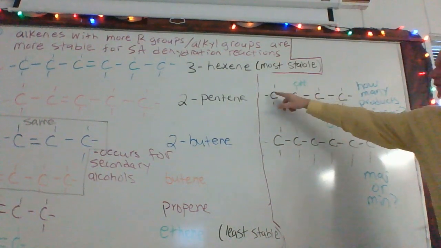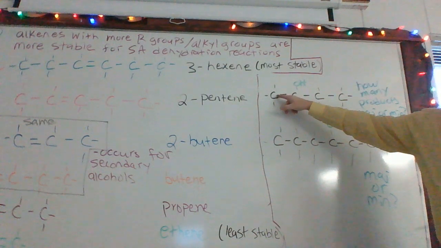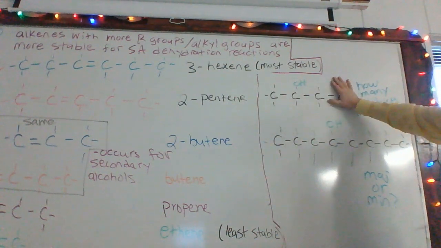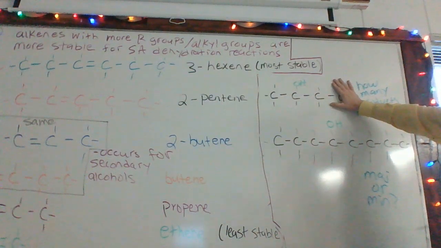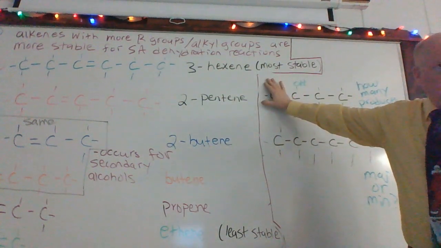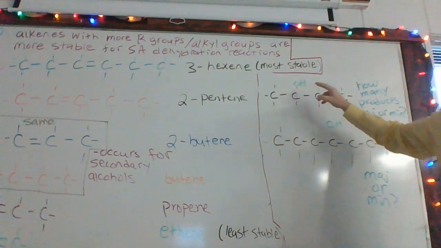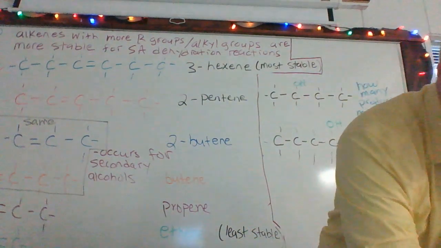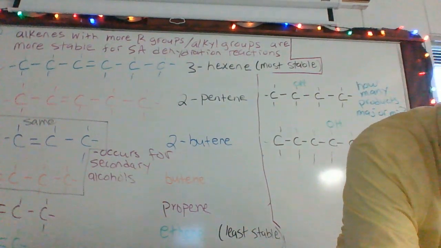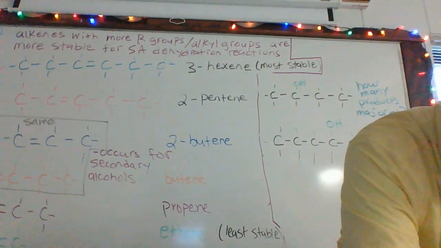This end or this end? Well, if we take this carbon off, is that a primary or secondary alcohol? Still a secondary. What if we take this one off? Now it's a primary. So that's what this is referring to, the idea of recognizing those primary and secondary alcohols.